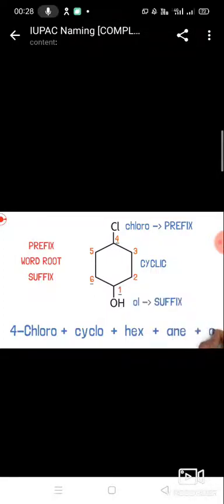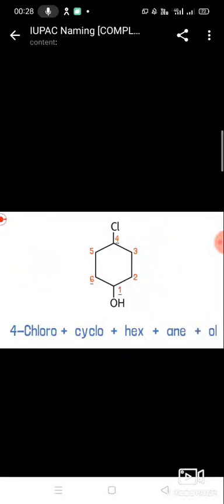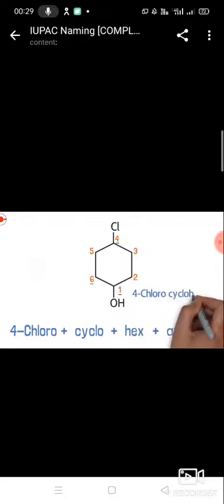And what is the functional group? Alcohol is the functional group. So which word do we have to add? OL. So 4-chlorocyclohexanol. The alcohol is present in first position. So 4-chlorocyclohexane-1-ol also you can write. Otherwise 4-chlorocyclohexanol also you can write. OL, hexanol, OL.